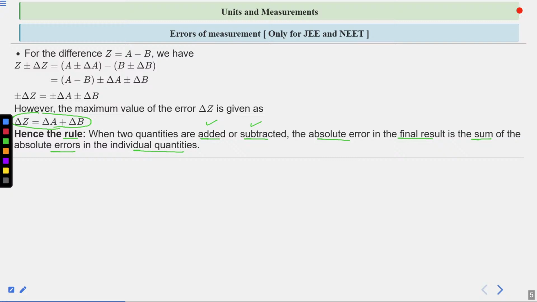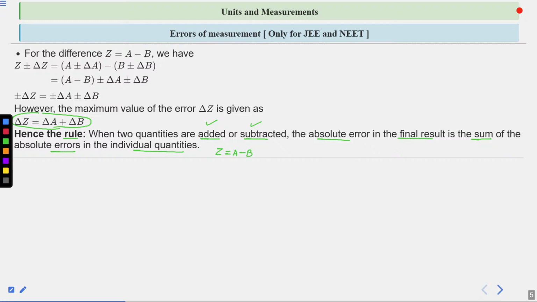Now if you have any doubt, please ask. Here delta represents absolute value. Gaurangi, suppose we have two quantities, Z is equal to A minus B. So what will be the absolute error?